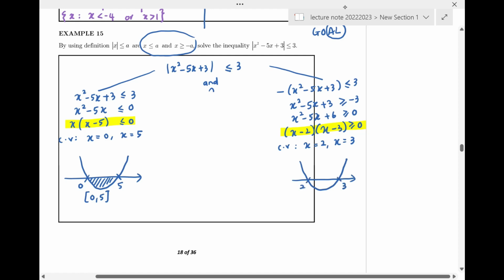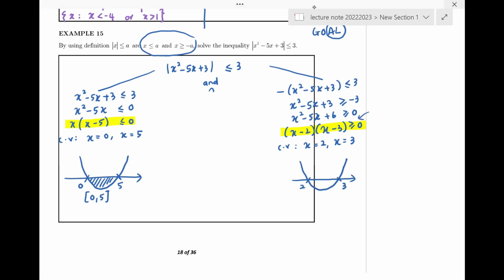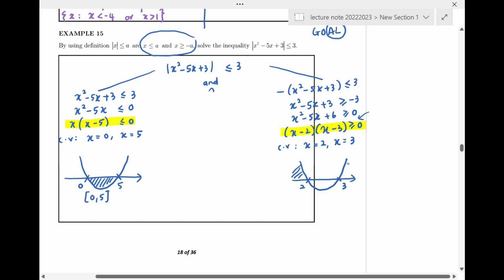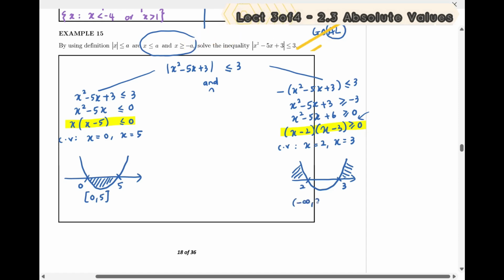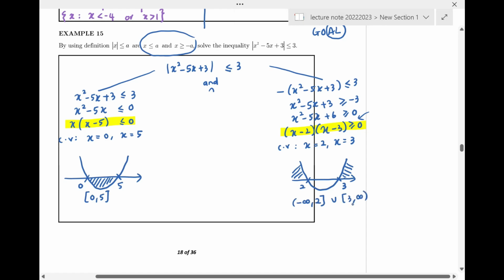For 2 and 3, we want greater than 0, so the one above the line. So we have the answer from negative infinity up till 2 and also 3 up till infinity. So we have two answers here, but we don't want these two separate answers.